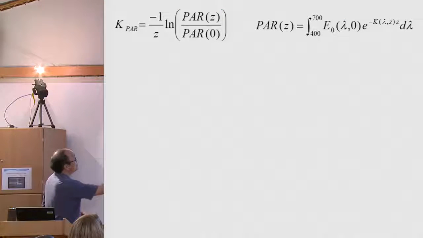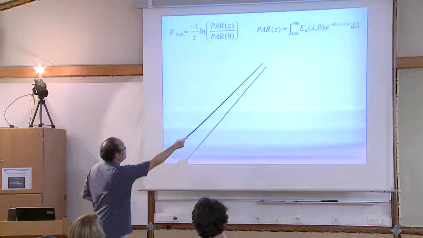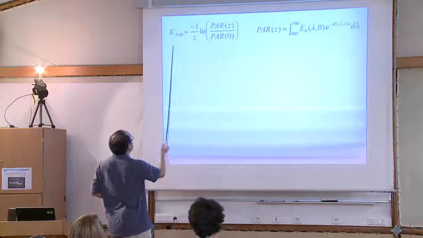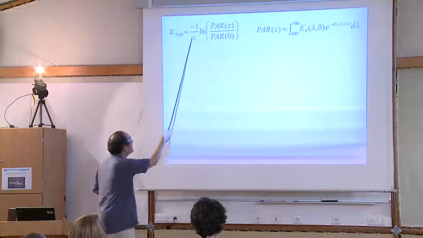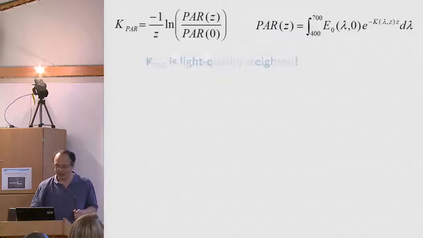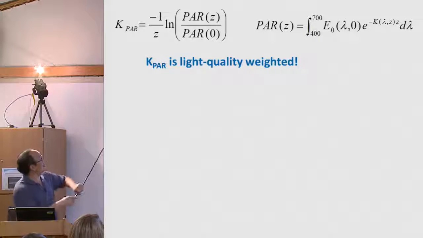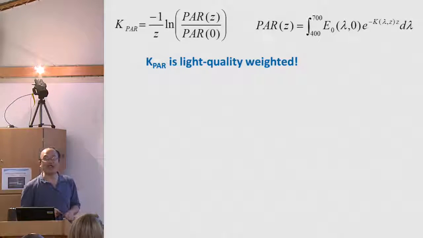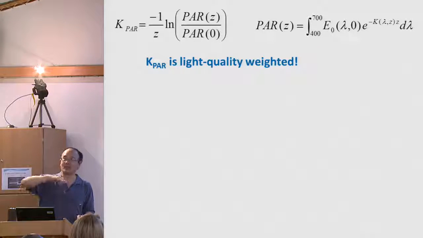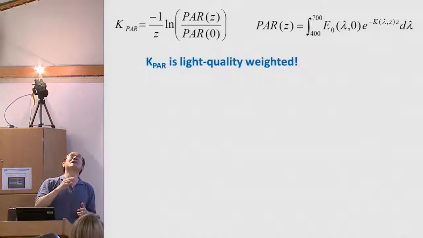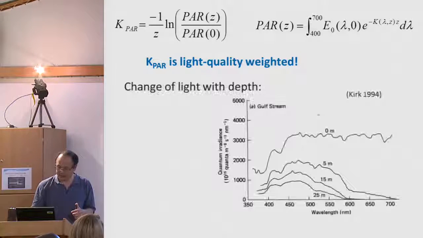Basically, because PAR is an integrated radiation from 400 to 700, K_PAR is the log of this divided by Z, where Z is depth. So this K_PAR is actually light-quality weighted, because light quality changes from the surface to deeper depths. If you ever dive, you know that. Deeper, you look up at the water, as I think I have shown here.